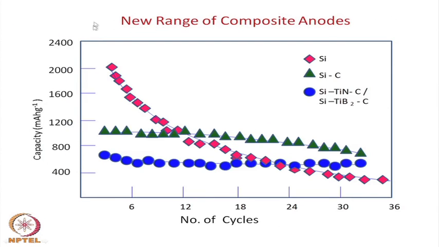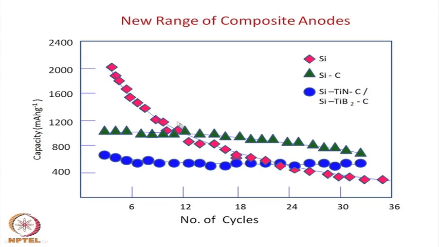Here silicon initially has a value of almost about 2000, but it goes down with cycling and stabilizes somewhere around 400 milliamps per gram.